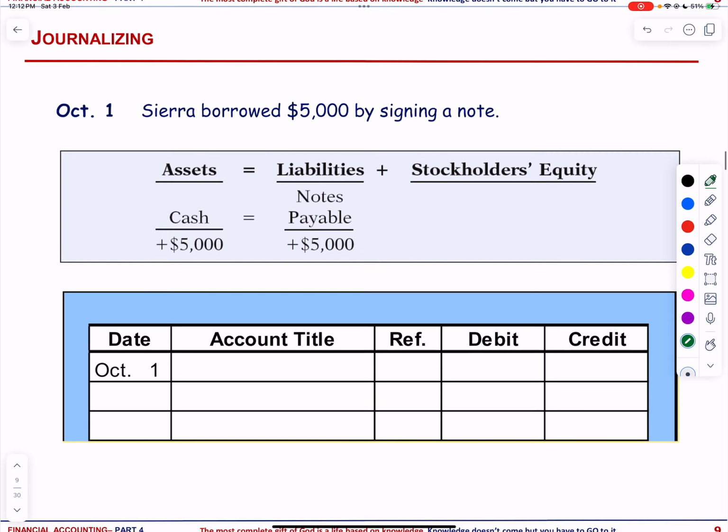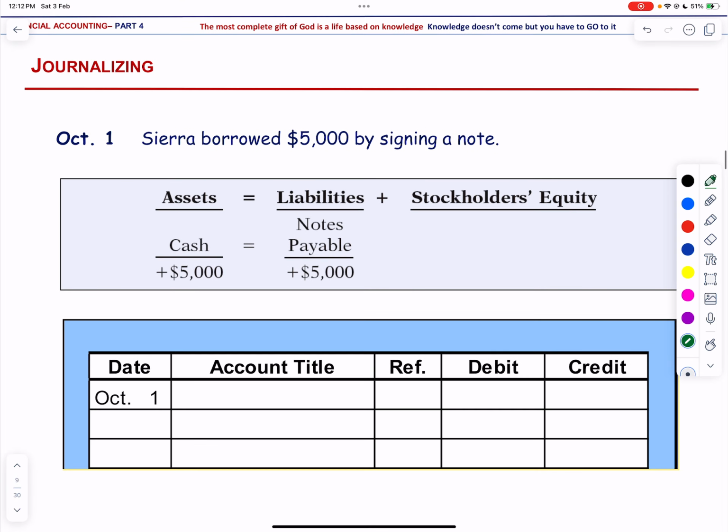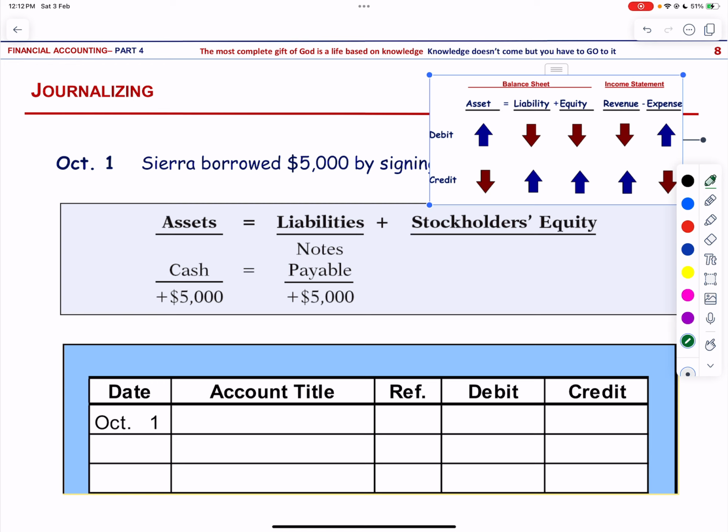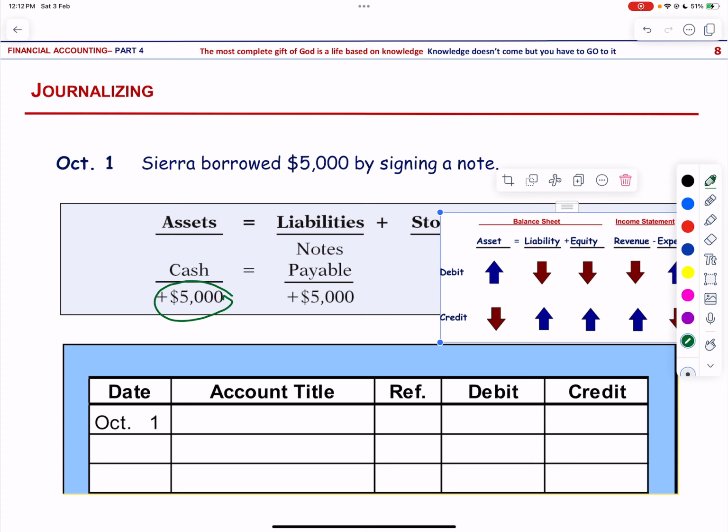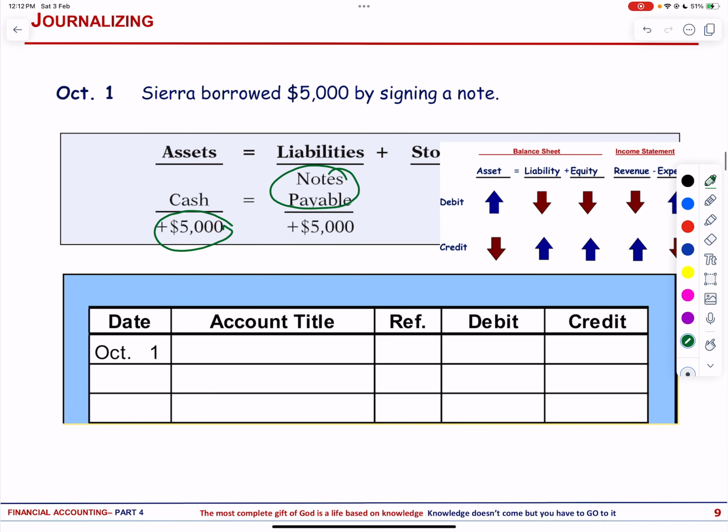They have borrowed 5,000 by signing a note. So we again follow the same. You can see that asset is increasing by 5,000, and this is by signing a note, that is a notes payable. The liability is increasing. So increase in asset is debit, and increase in liability is credit.